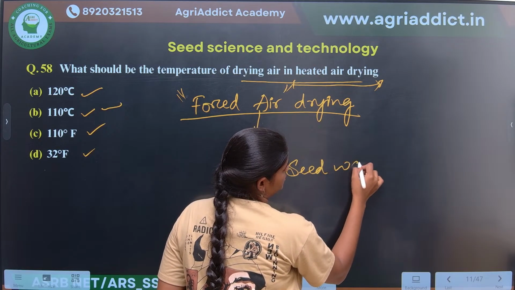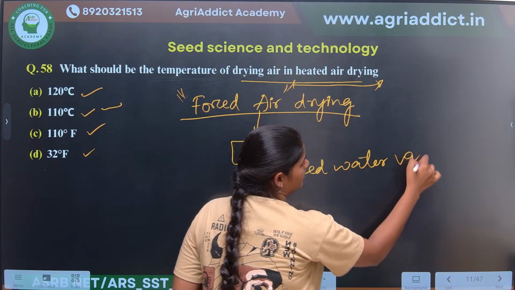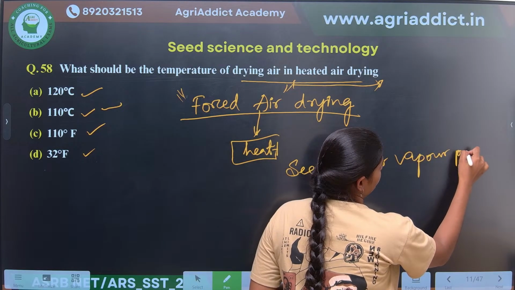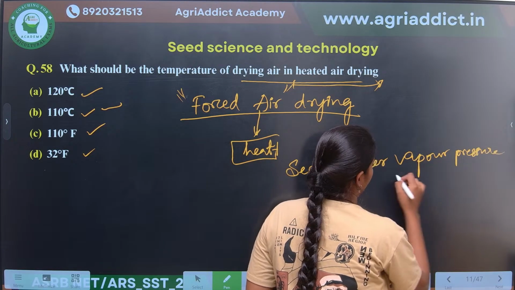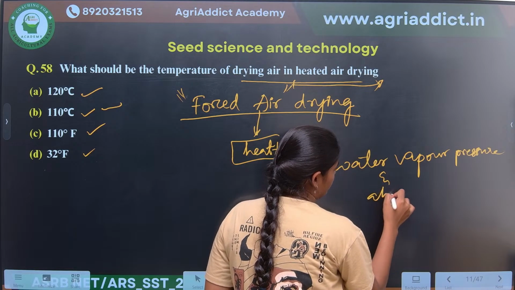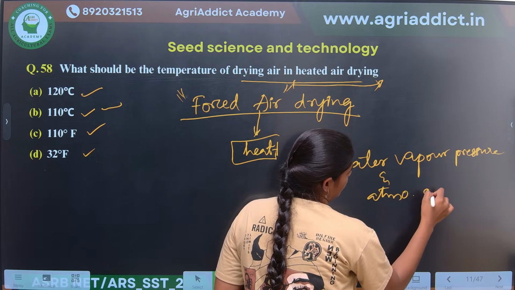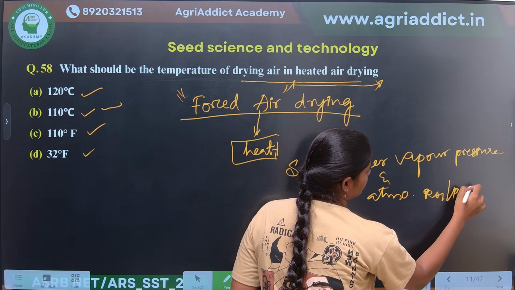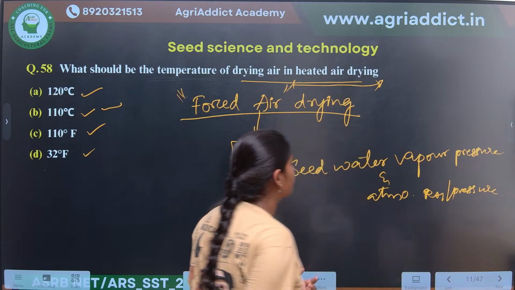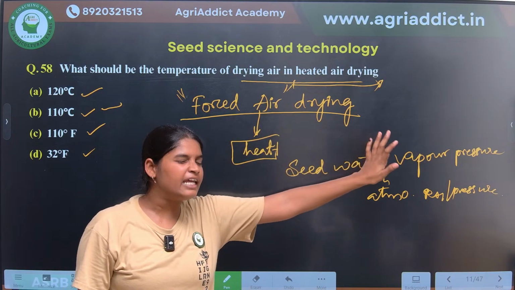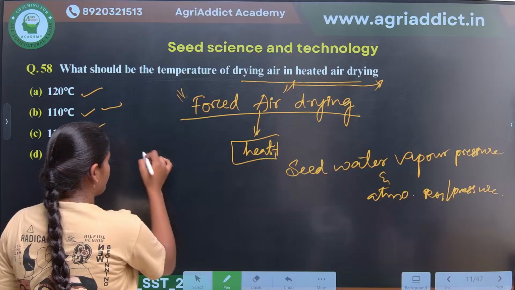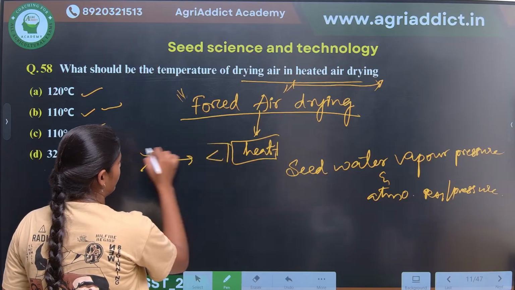It is seed water vapor pressure and atmospheric RH or pressure. If we see any gradient, it usually moves from higher to lower, right?